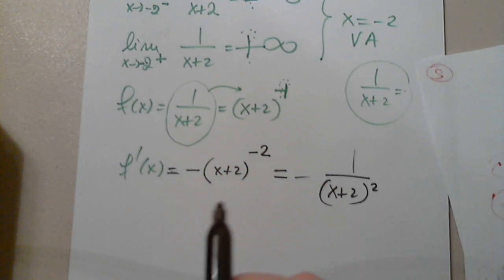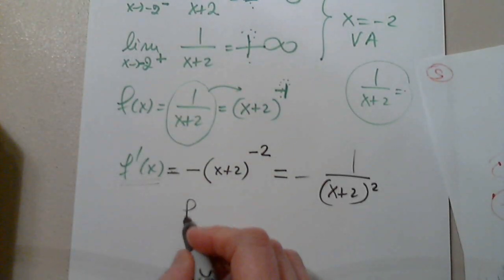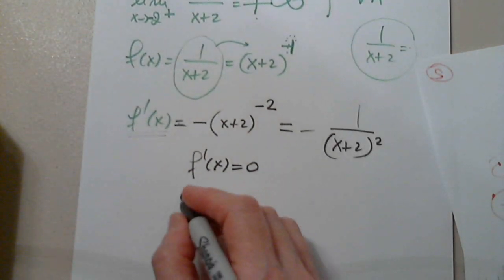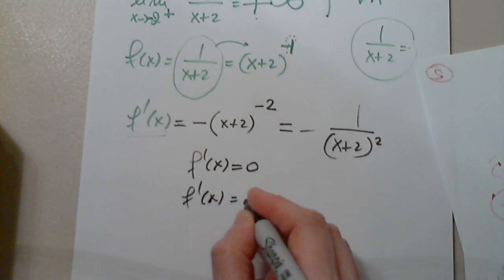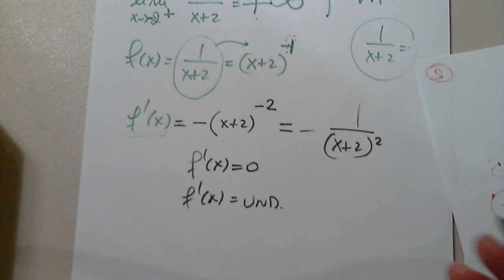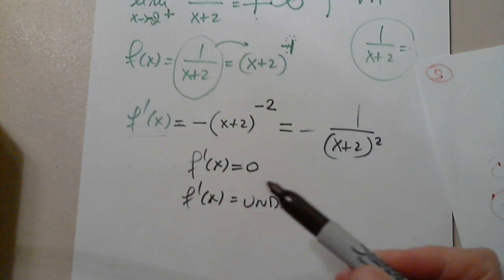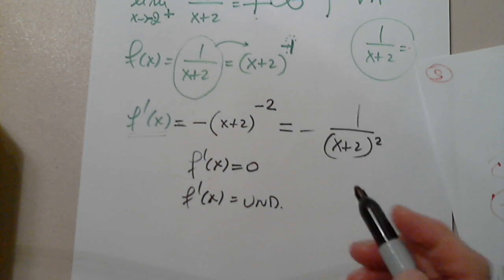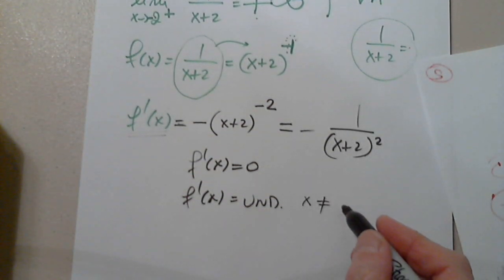So, critical numbers. Critical numbers come from two sources, either this or this, when the function exists. So this function is not defined at which x value? Negative 2.